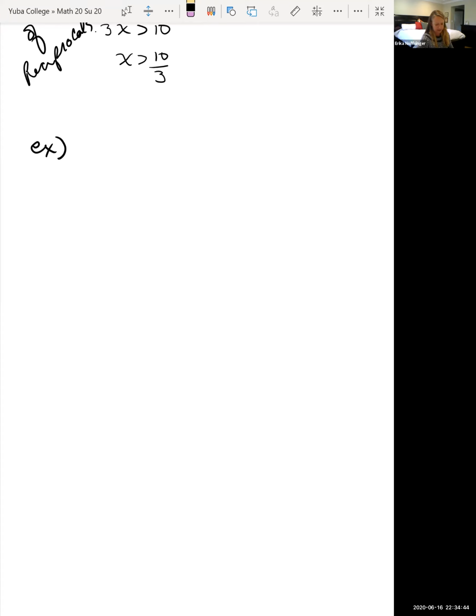So if we have 0 is less than (3x + 6) raised to the -1 power, which is less than 1/3. Remember negative exponents: we make them positive by bringing the base down to the denominator.